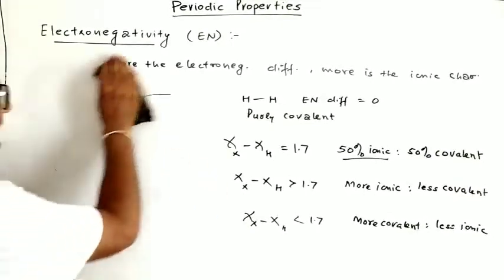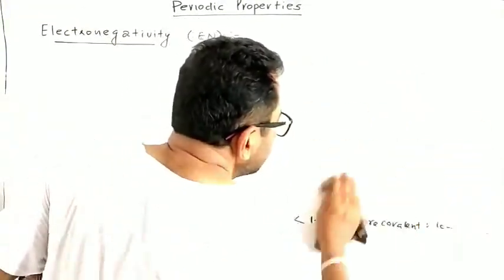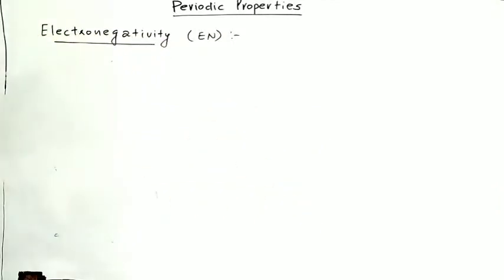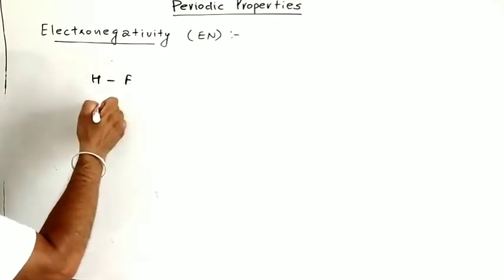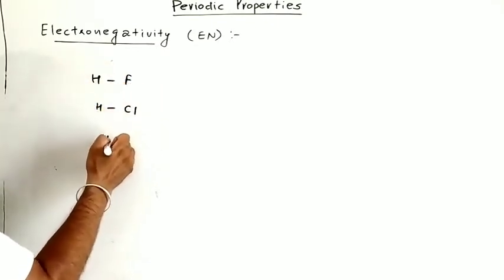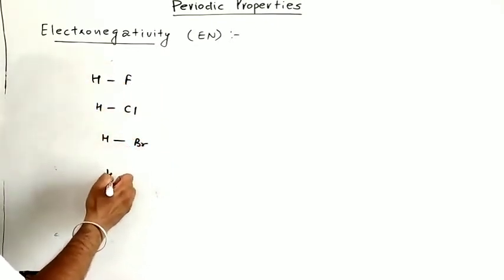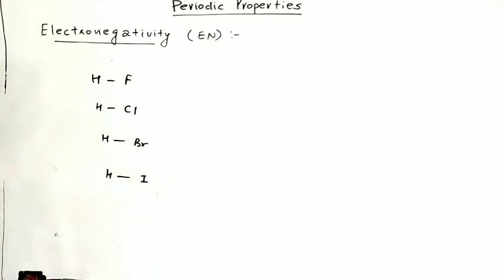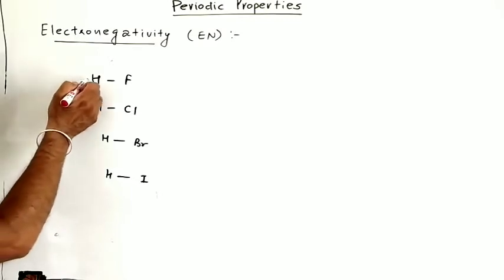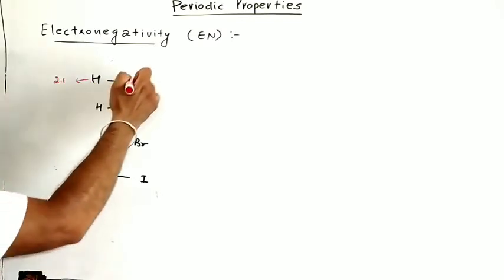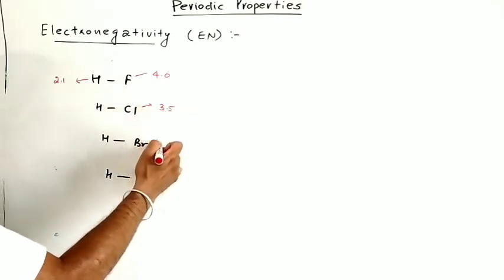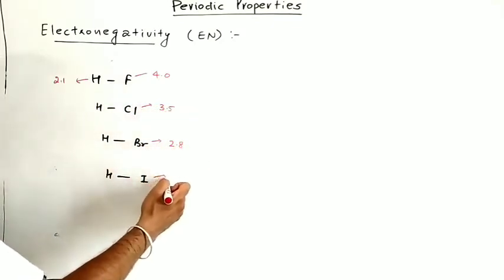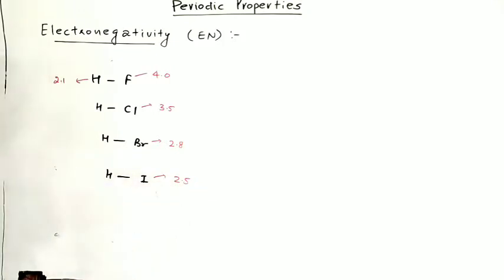Now come to the next scale. According to this, we can also write HF, HCl, HBr, HI. Electronegativity of hydrogen is 2.1. Electronegativity of fluorine is 4, then 3.5, 2.8, 2.5.